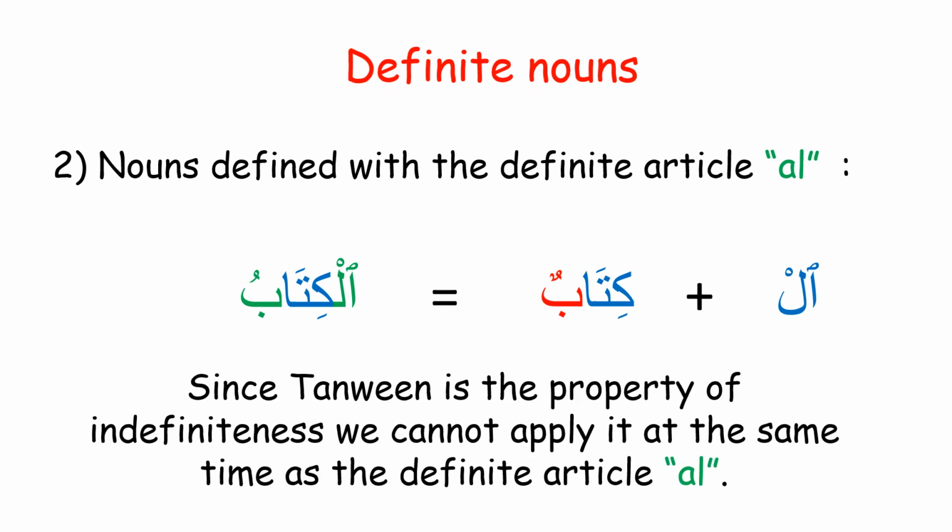Since tanween is the property of indefiniteness, we cannot apply it at the same time as the definite article al. So al-kitabun will be incorrect. Definite nouns prefixed with al can never ever end with tanween, and there are no exceptions to this rule. So the correct answer would be al-kitabu.